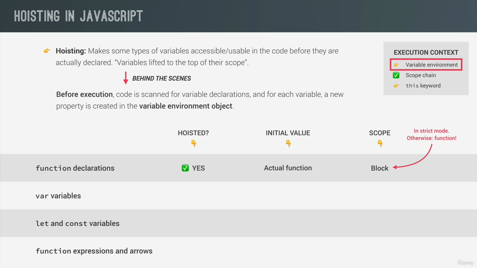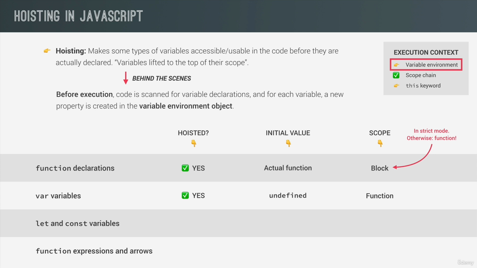Next, variables declared with var are also hoisted, but hoisting works in a different way here. So unlike functions, when we try to access a var variable before it's declared in the code, we don't get the declared value, but we get undefined. And this is a really weird behavior for beginners.